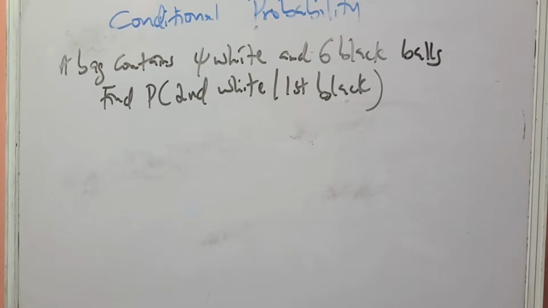So a bag contains 4 white balls and 6 black balls. You have to find the probability that the second is white, given that the first was black.